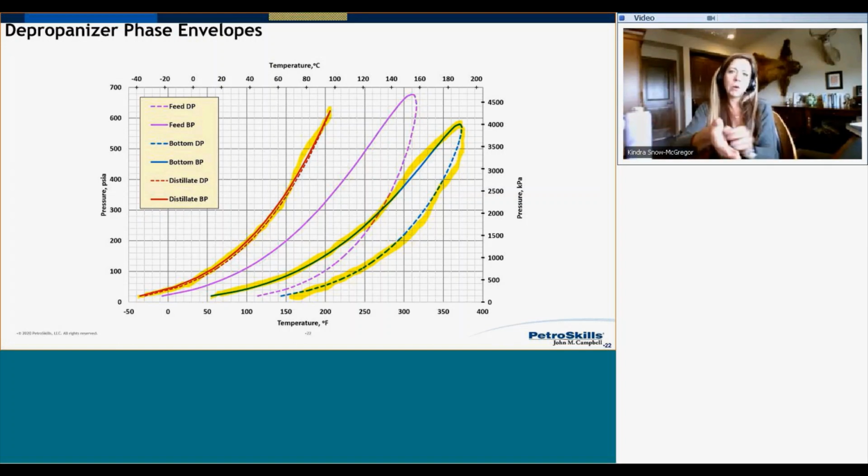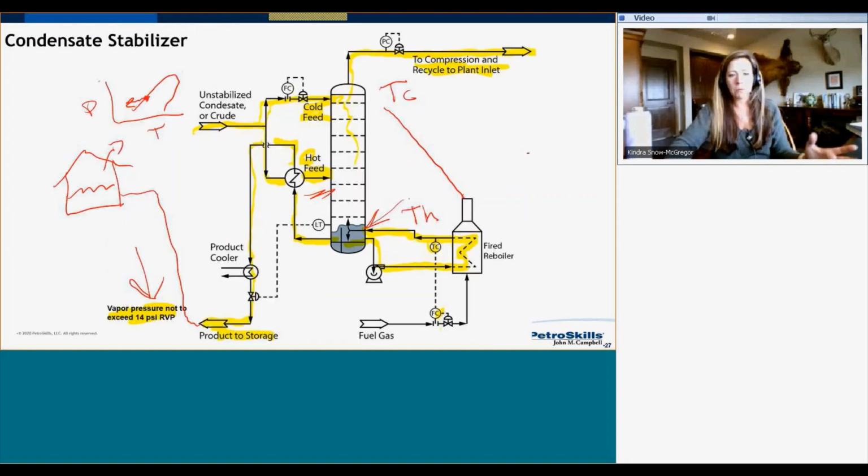I can then go to my water-hydrocarbon phase behavior and plot that water dew point, if you will, for a given temperature and pressure at which that hydrocarbon mixture was saturated. But in terms of the column performance, it doesn't affect the phase behavior for the bubble point and the dew point.